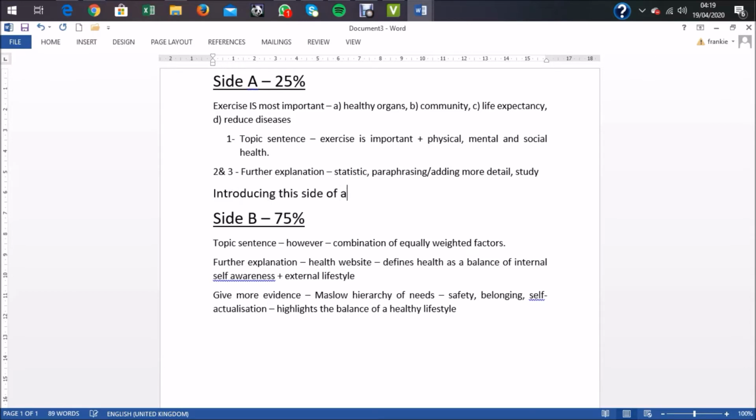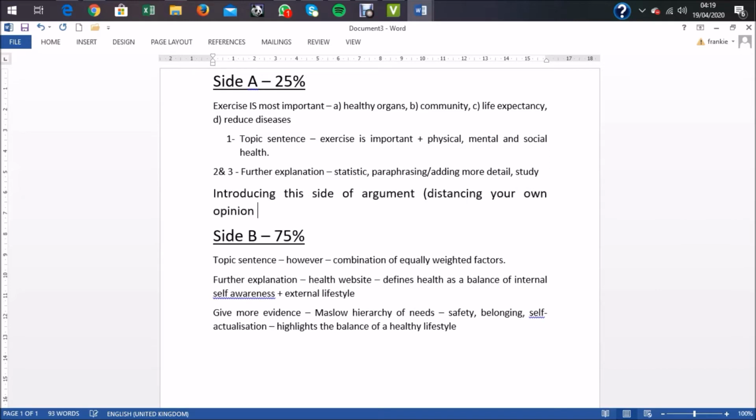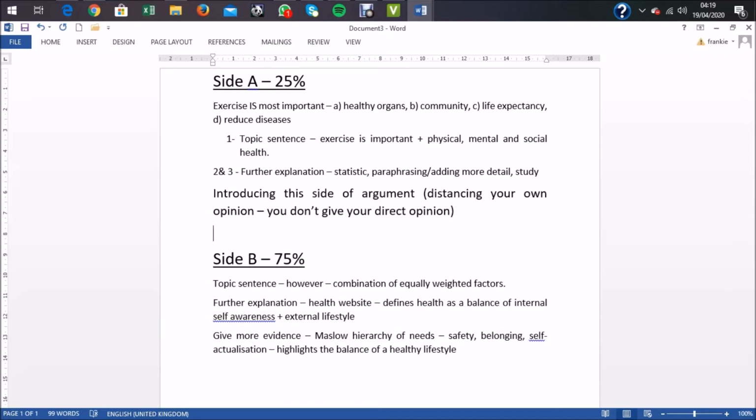Now at this point, guys, it's key to remember that you are distancing your own opinion. What that means is you don't give your direct opinion at this point. So it's more a view that people in general have. So what phrases could we use for that? You could say something like, guys, some people argue.